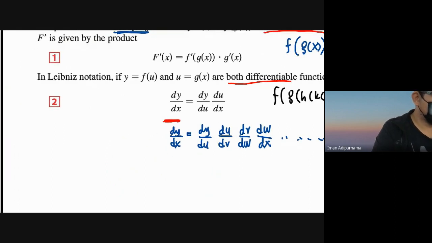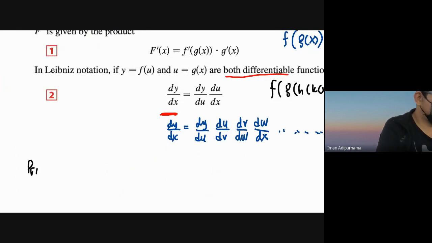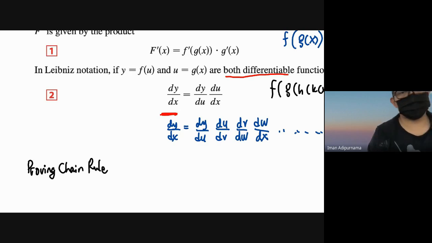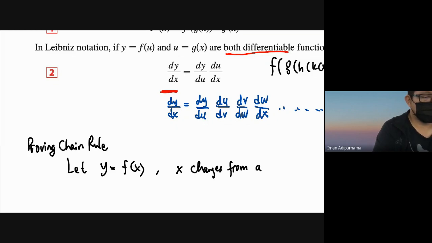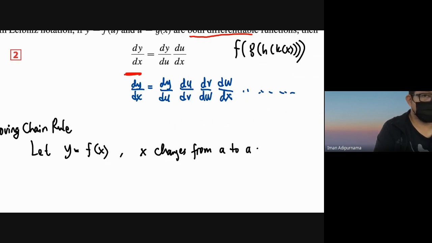Okay, now if you want to prove the chain rule, we start with some definitions. First, let's say y is a function of x, and x changes from some a to a plus delta x.